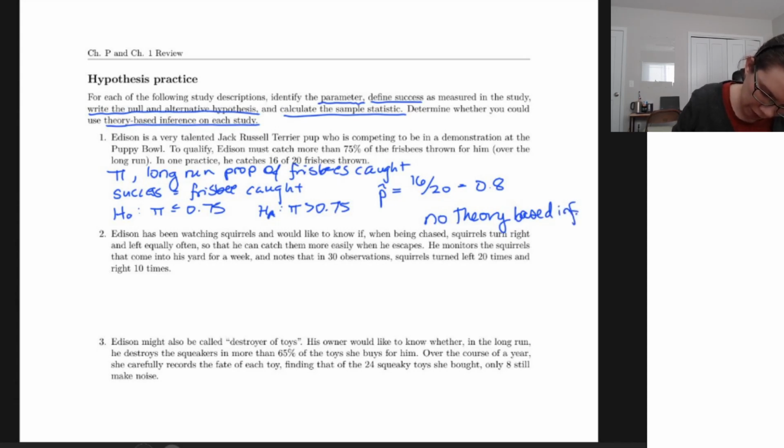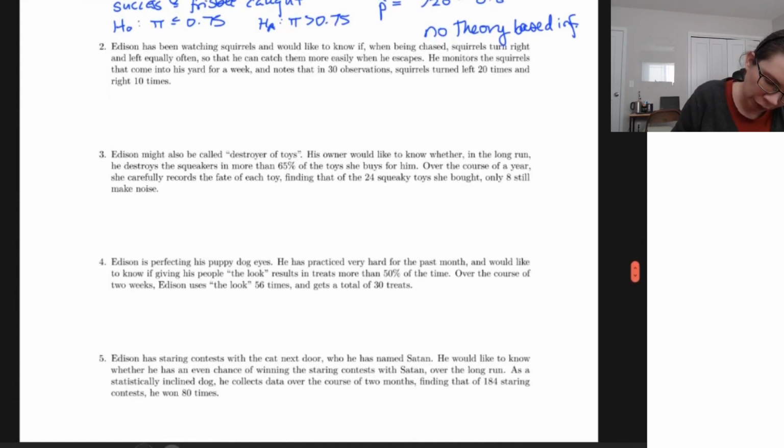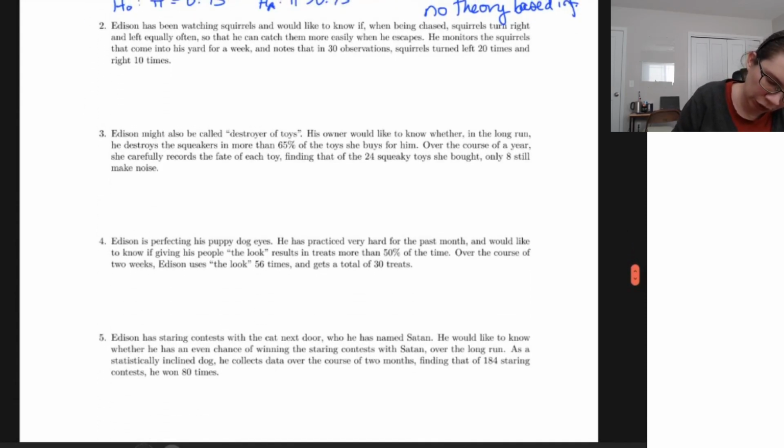Okay? All right. Edison has been watching squirrels and would like to know if, when being chased, squirrels turn right and left equally often, so that he can catch them more easily when he escapes. He monitors the squirrels that come into his yard for a week. He notes that in 30 observations, squirrels turn left 20 times and right 10 times.